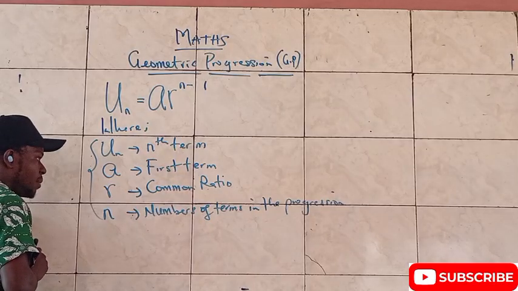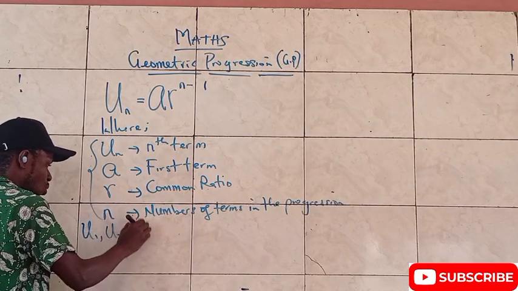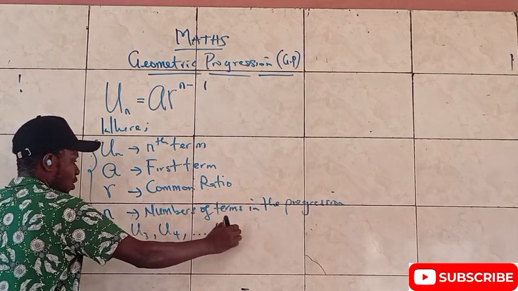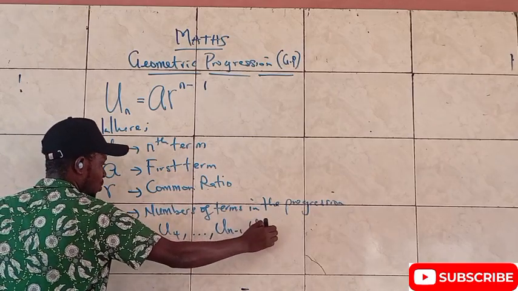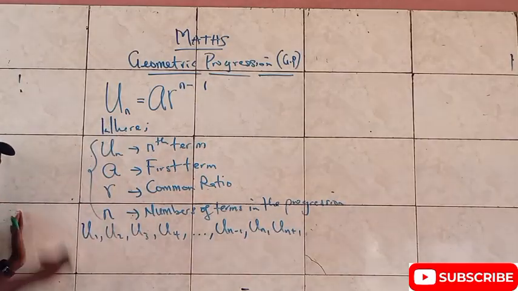Then imagine that you have u1, u2, u3, u4, all the way down to un minus 1, un, un plus 1 to be the terms of a geometric progression.